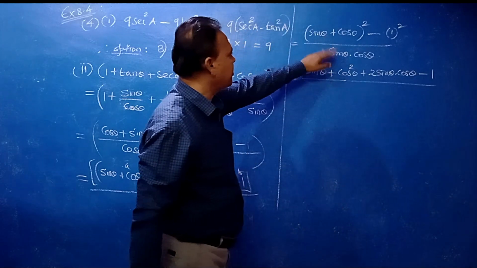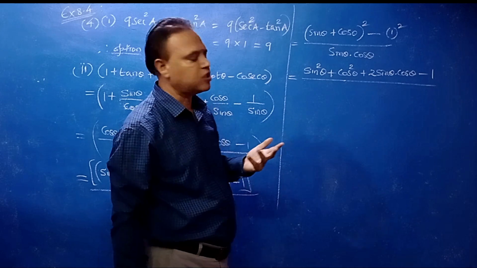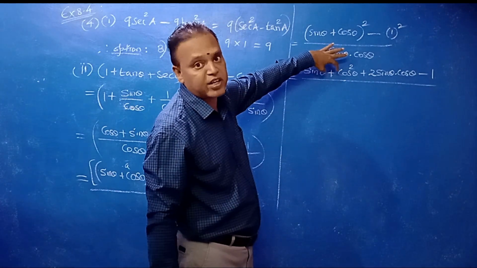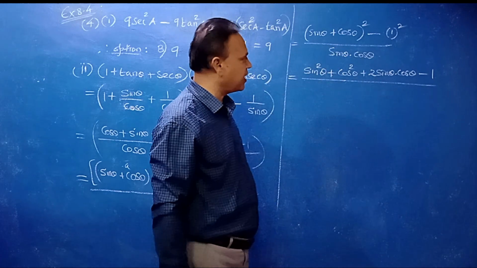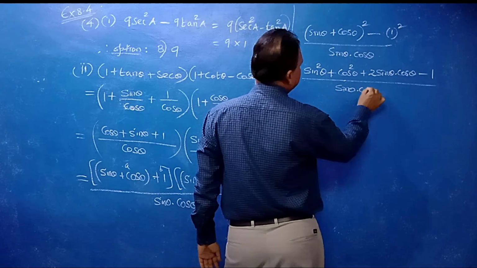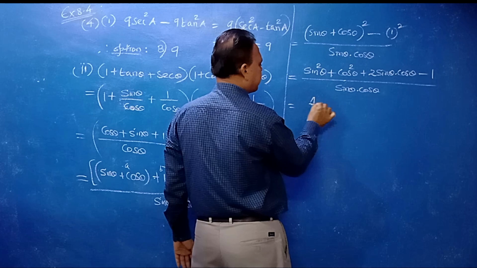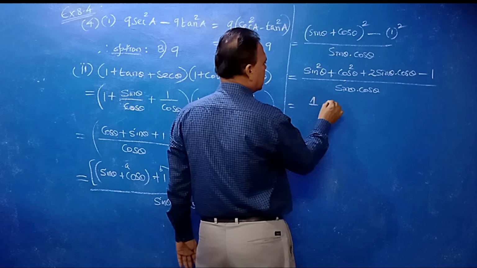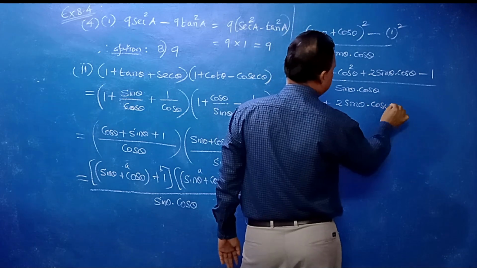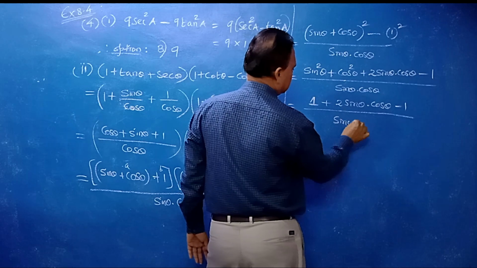Here sine squared theta plus cos squared theta you can apply the identity, so it will be 1. Denominator write as it is. So it is 1 plus 2 sine theta cos theta minus 1, by sine theta cos theta.